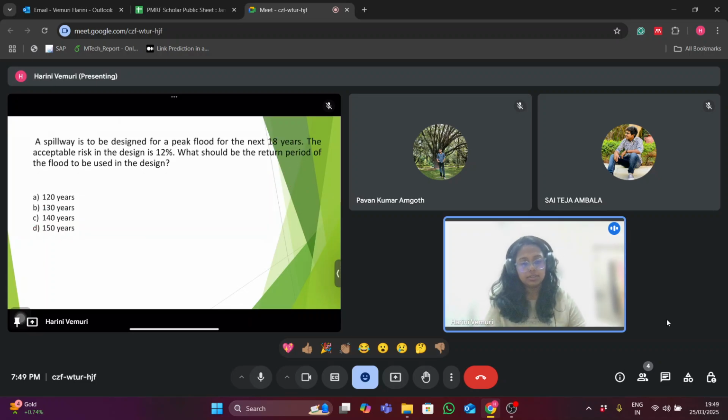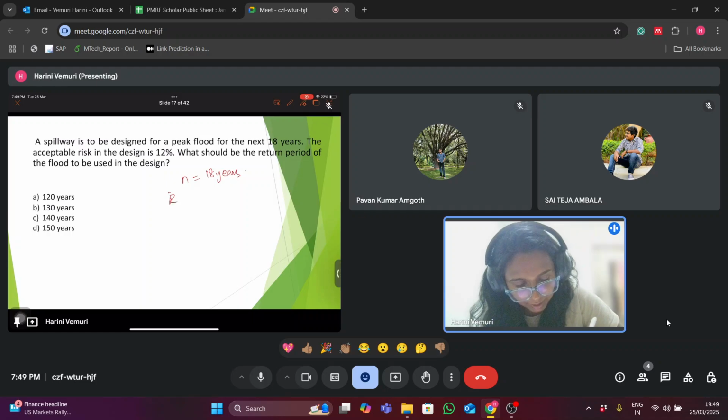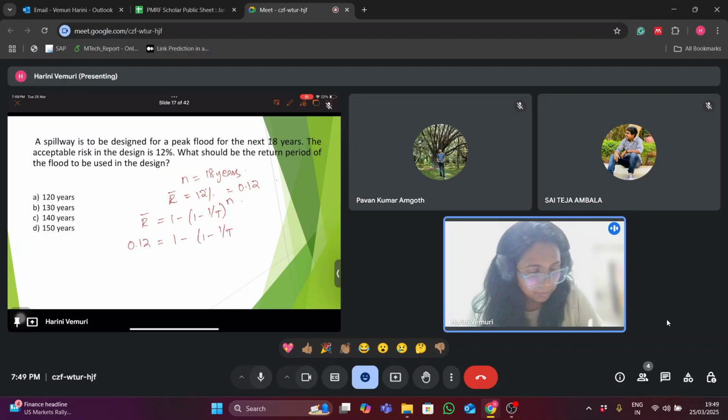The next question is, a spillway is to be designed for a flood peak of next 18 years, n equal to 18 years, and the acceptable risk is R bar equal to 12%, that is equal to 0.12. We have to calculate the return period. So the formula is R bar equal to 1 minus (1 minus 1 by T) whole power n, that is 0.12 equal to 1 minus (1 minus 1 by T) whole power 18.